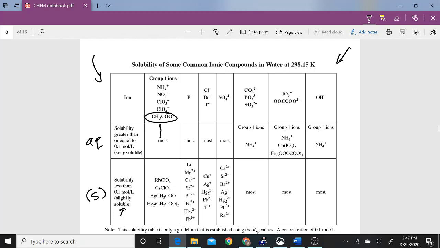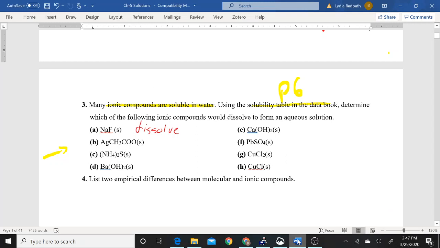I can scroll down. Looks like most things are going to be highly soluble with the acetate ion, but I've got to keep looking because there are a couple of odd ones, and in reality, silver acetate is actually right there, and silver acetate falls under slightly soluble, which means it doesn't dissolve very well when we put it in water. So for B, it does not dissolve. We can even write that out.